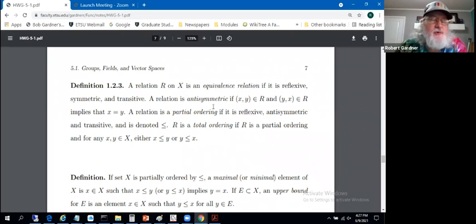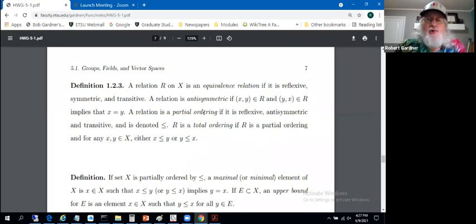We'll use subset inclusion usually to determine our relations. A relation is a partial ordering if it's reflexive, anti-symmetric, and transitive, and we'll denote it with the less than or equal to symbol. A relation is a total ordering if R is a partial ordering and for any elements x and y of set X, either x is less than or equal to y, or y is less than or equal to x.